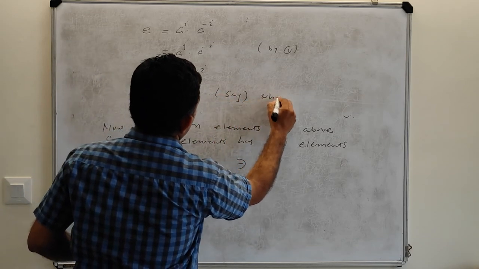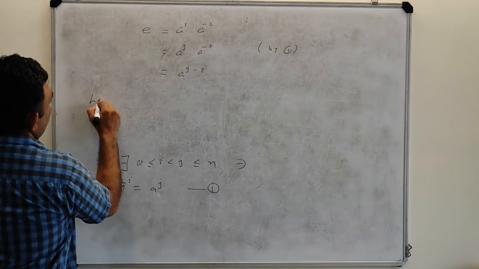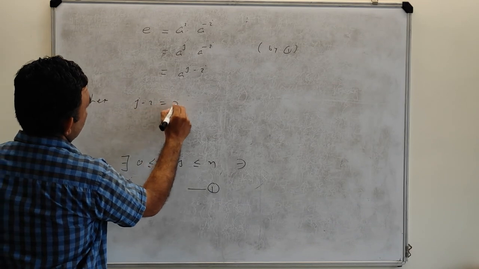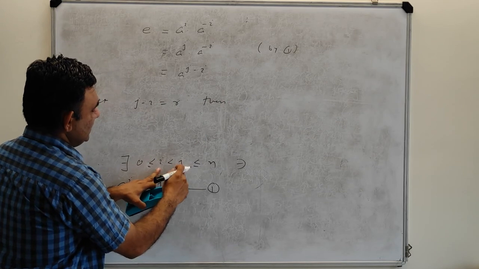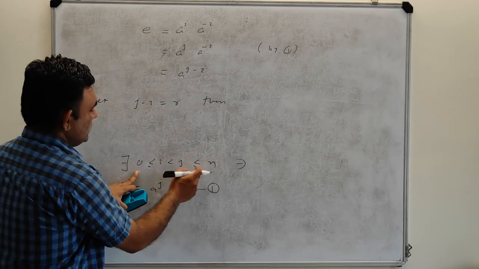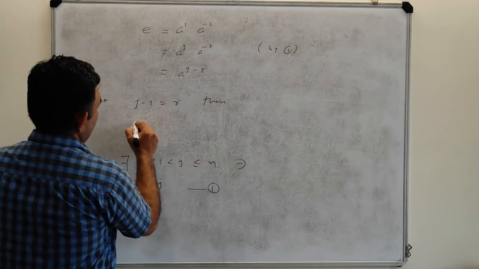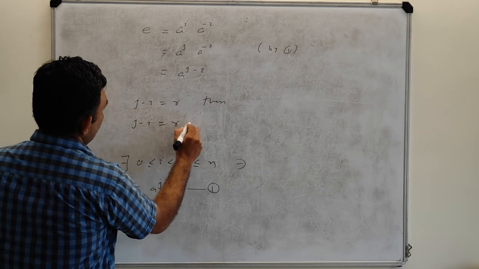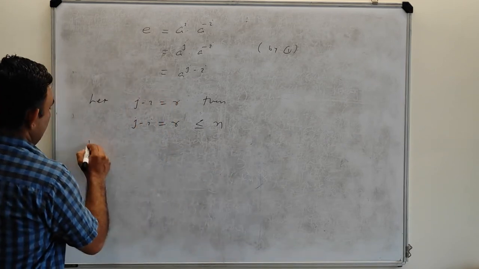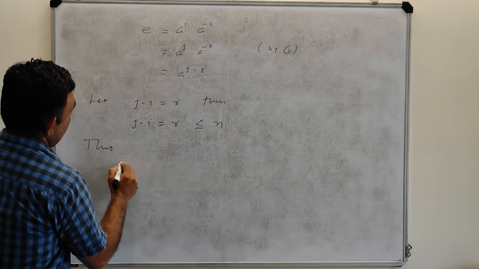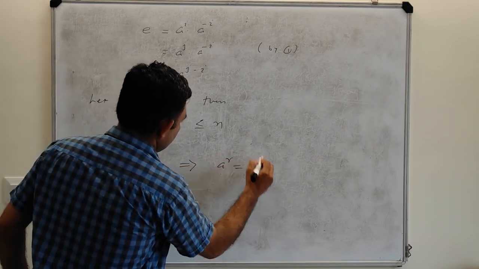Now you let j minus i be equal to r. Then see, i is strictly less than j, and i and j lie between 0 and n. So j minus i will be definitely less than or equal to n. So j minus i is equal to r, which is less than or equal to n. Thus a raised to j minus i is equal to e implies a raised to r is equal to e.